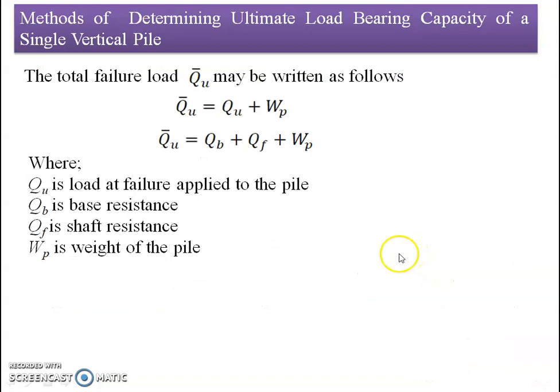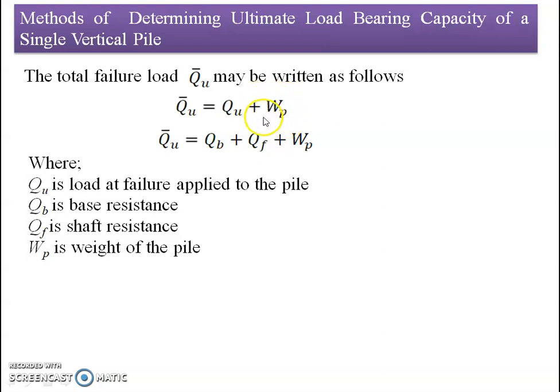As we know, the ultimate load bearing capacity of single pile is QU. Now I am going to talk about the net ultimate bearing capacity of the pile. So QU bar will be equal to QU plus WP, where the term WP stands for the weight of the pile.